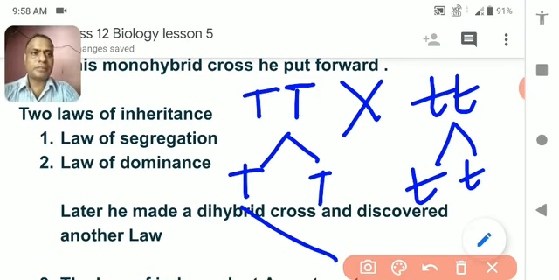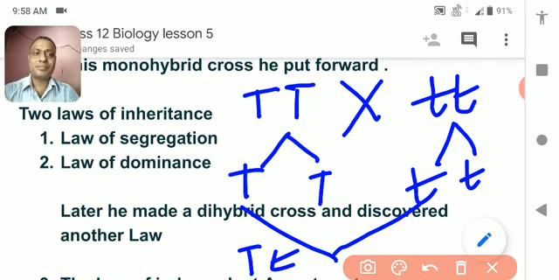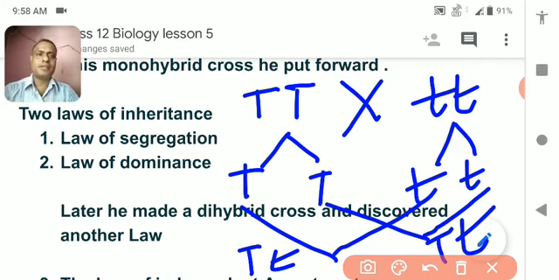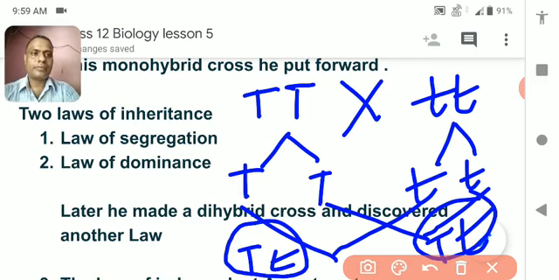When capital T and small t meet, it gives capital T small t, that is a hybrid plant. When another capital T and small t meet, it also gives a hybrid plant. So in the F1 generation, hybrid plants are produced.